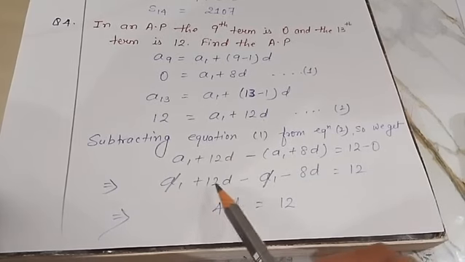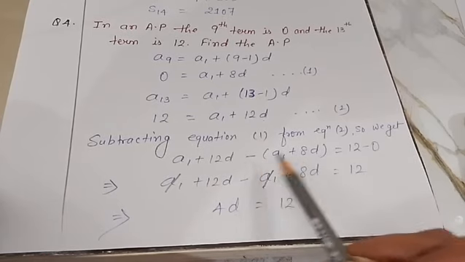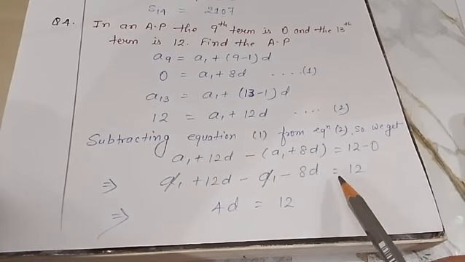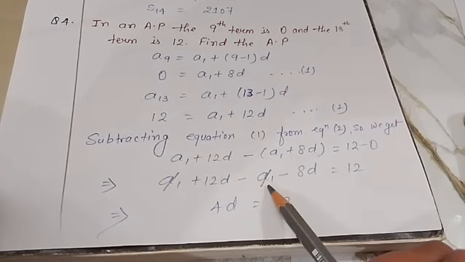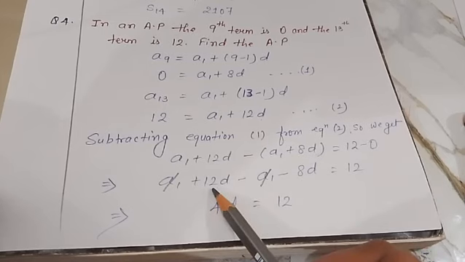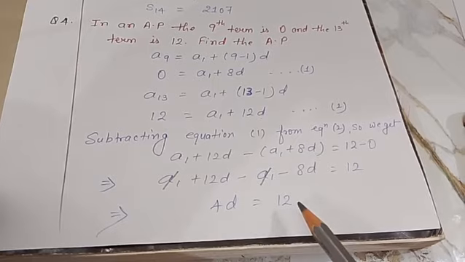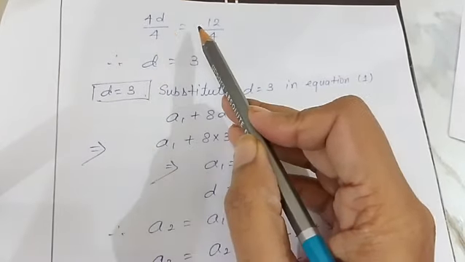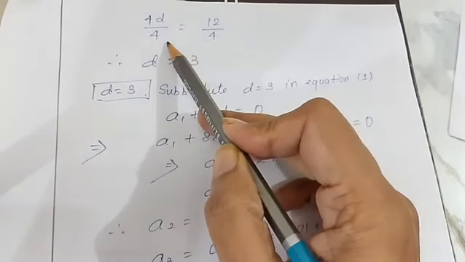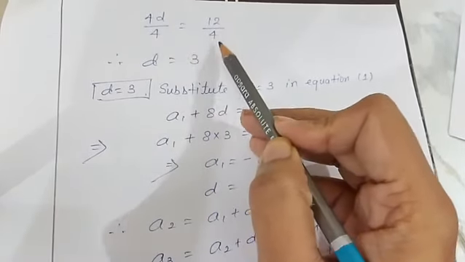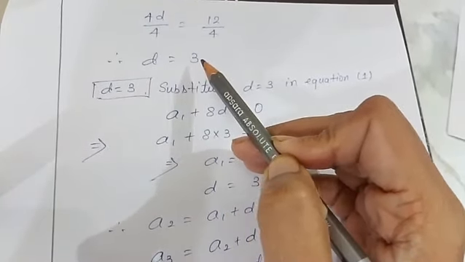This implies a1 plus 12d minus a1 minus 8d is equal to 12. a1 minus a1 cancels. 12d minus 8d becomes 4d is equal to 12. Solve for d. Divide both sides by 4. 4d upon 4 is equal to 12 upon 4. Therefore, d is equal to 3.